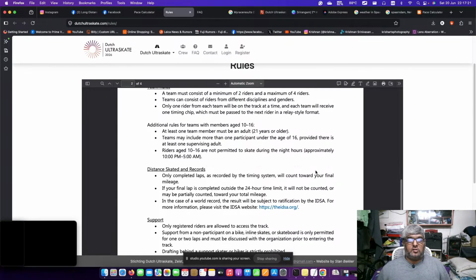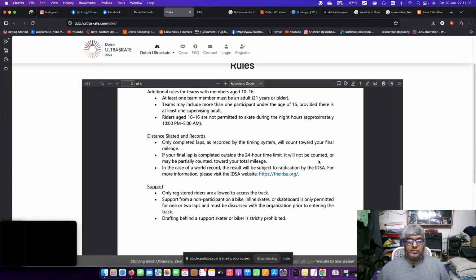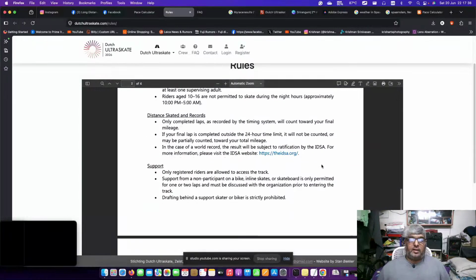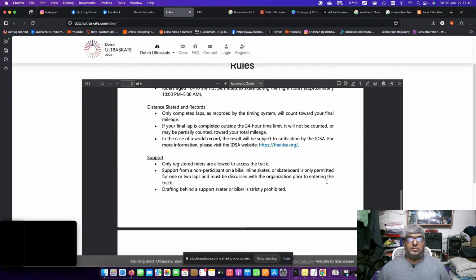Additional rules for teams and members: ages 10 and 16, and at least one team member must be an adult. So one team member has to be an adult if you're participating as a family. All those rules are mentioned here. Of course, I've given you the link, you can go and read, and I'm only highlighting what is something new.